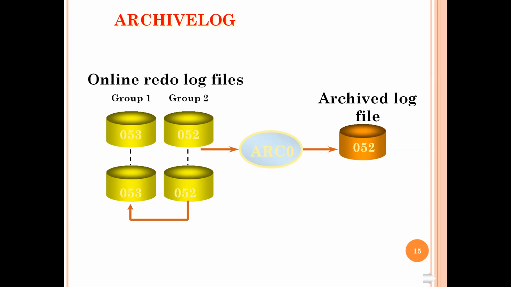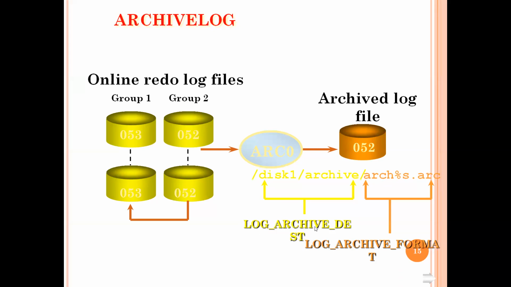When archive log mode is not enabled, the archiver process is not running and archive log files are not created. How does it know where exactly to create the archive log files? That is set by the parameter log_archive_dest, which tells us where to store them.